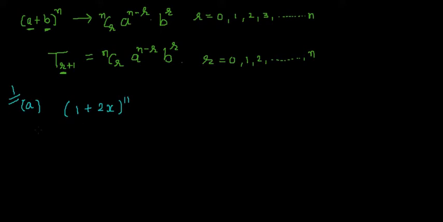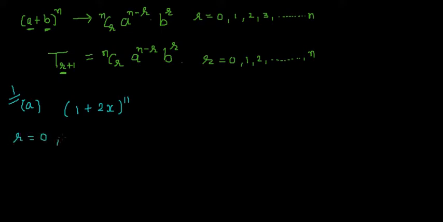Now the first 3 terms I would like to find, so I am going for the general term formula, and in the general term formula I am going to keep different values of r to get different terms. So if I keep r equal to 0, I'll get the first term.